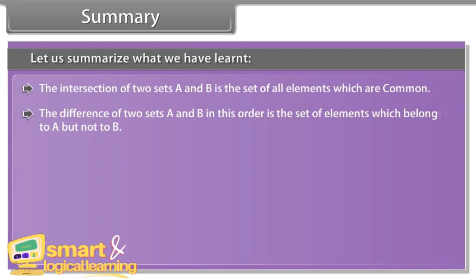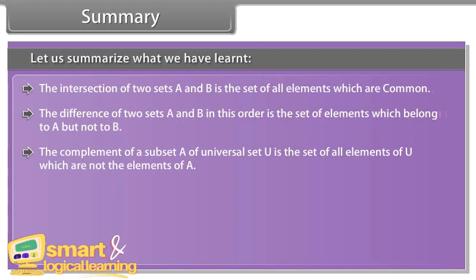The difference of two sets A and B in this order is the set of elements which belong to A but not to B. The complement of a subset A of universal set U is the set of all elements of U which are not the elements of A. For any two sets A and B, complement of (A union B) is equal to complement of A intersection complement of B, and complement of (A intersection B) is equal to complement of A union complement of B.